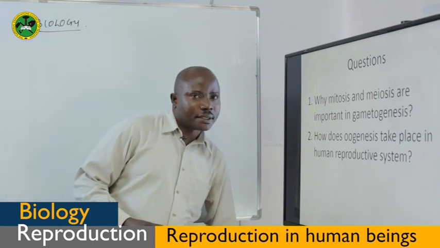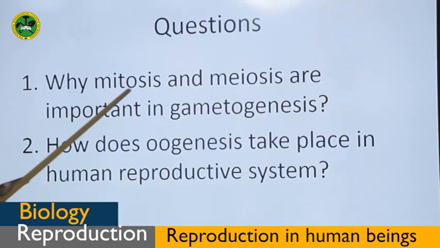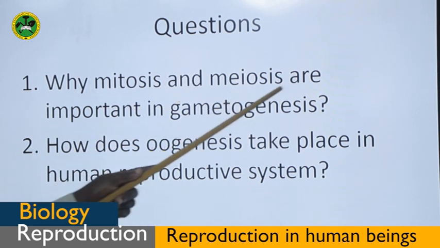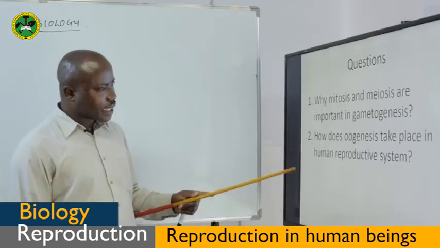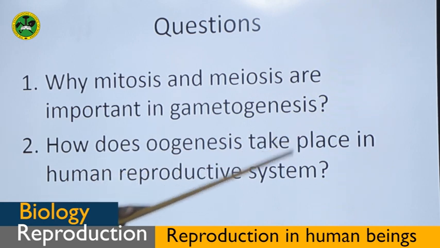The first question I have prepared for you here reads, why are mitosis and meiosis important in gametogenesis? The second question asks, how does oogenesis take place in the human reproductive system?